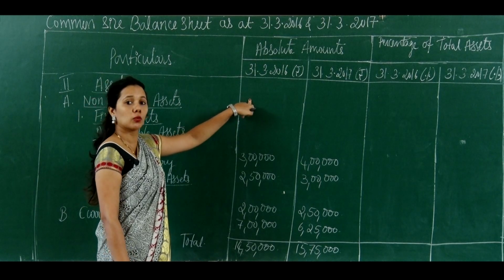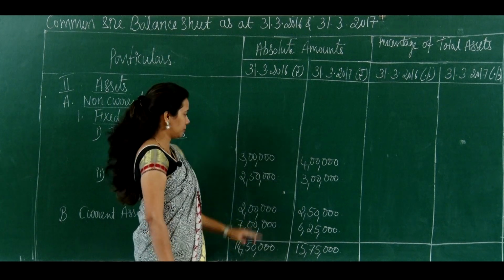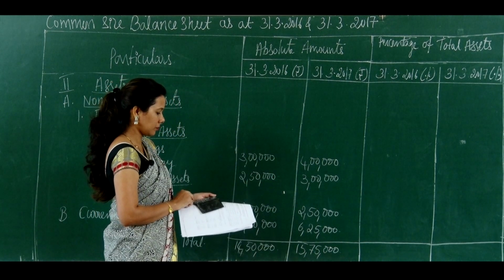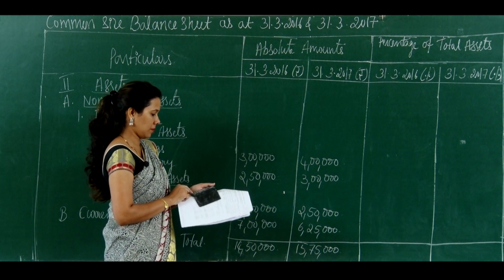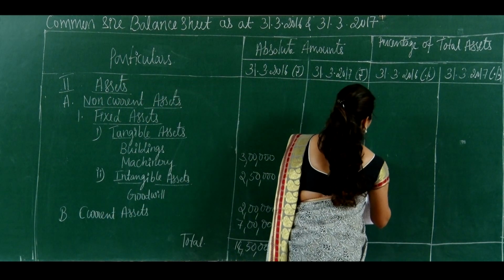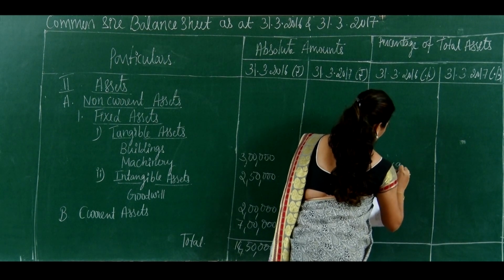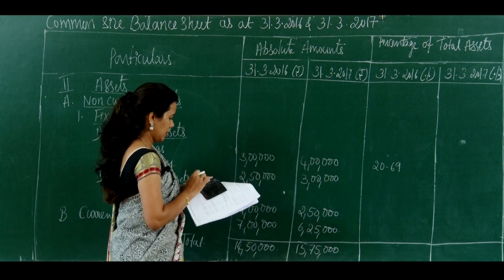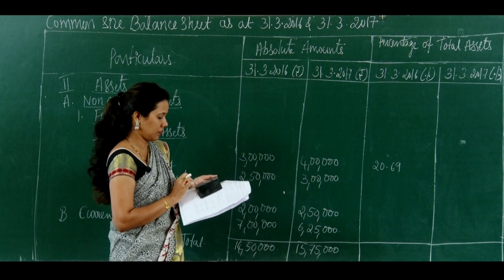We will start with the 2016 column, then we will move on to the 2017 column. In 2016 you have 3 lakhs. Base is 14,50,000 into 100. So, the answer is 20.69 percentage. The next one is 2,50,000 divided by 14,50,000 into 100.